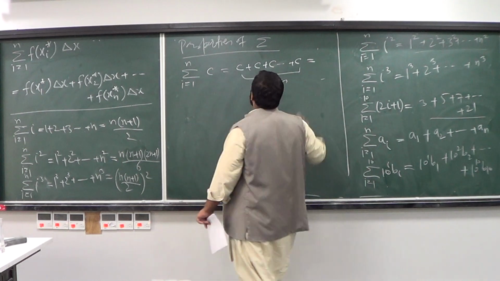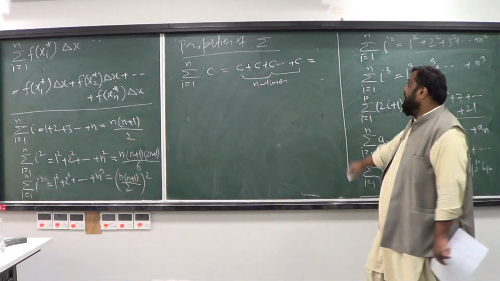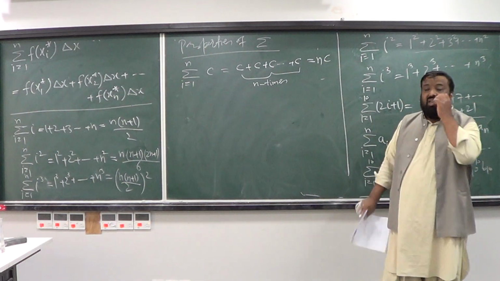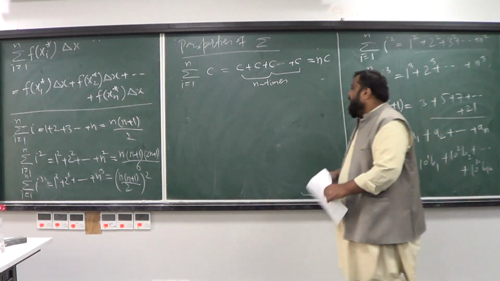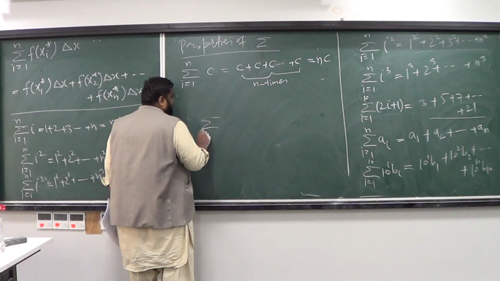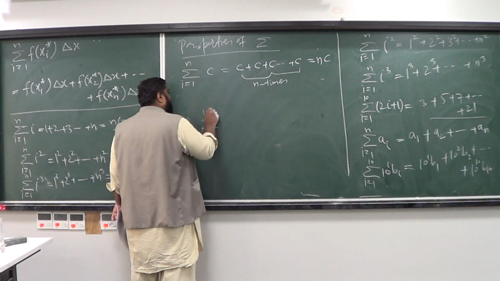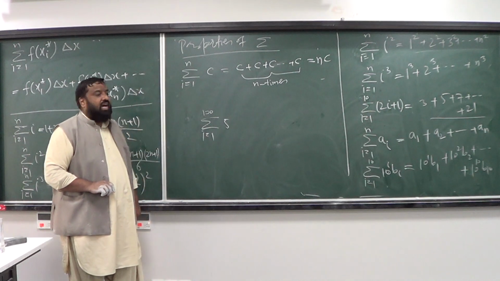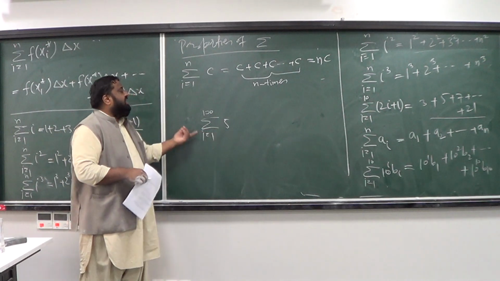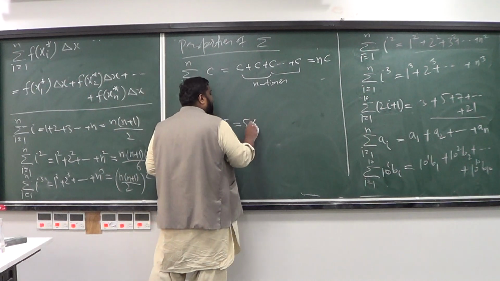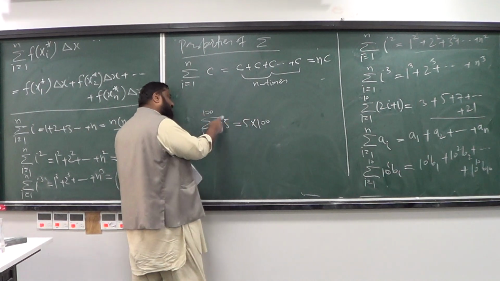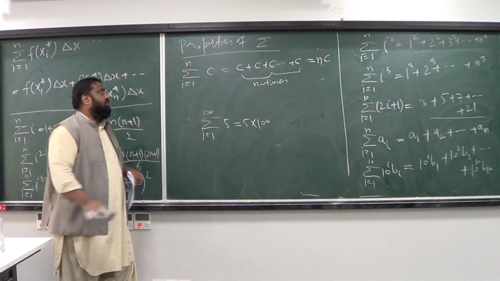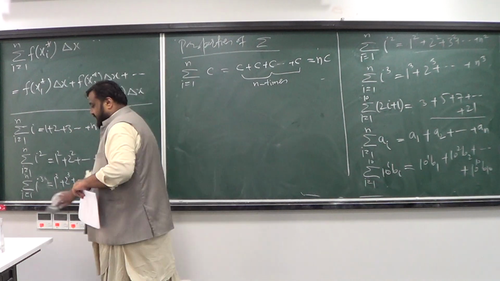If you add a number n times, you're going to get nC. So if I give you, for example, i that goes from 1 to 100 of 5, I am summing 5 a hundred times, so this is going to be 5 multiplied by 100. This is the first property of the sum.